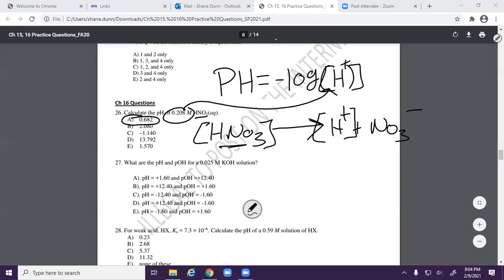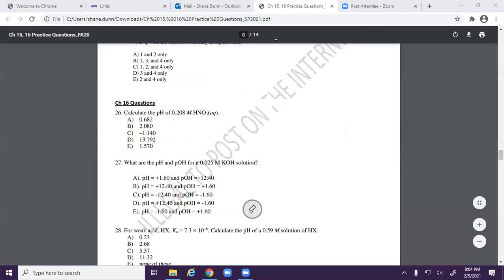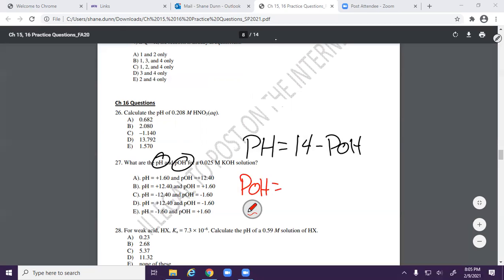For pH, well, it's very important. You have to see which one you're indicating with. Because guess what, right here? pH and pOH. So pH is equal to 14 minus pOH, and pOH is equal to 14 minus pH.